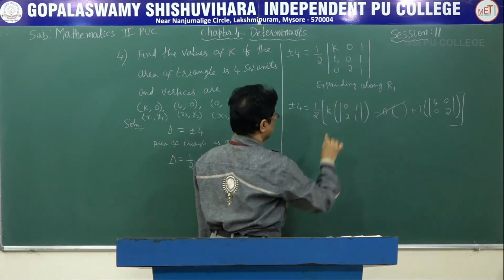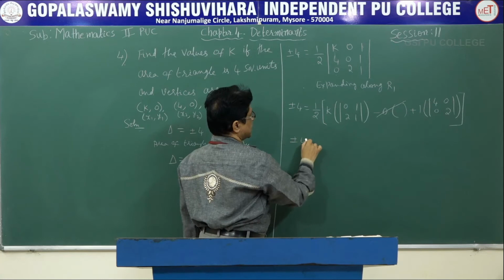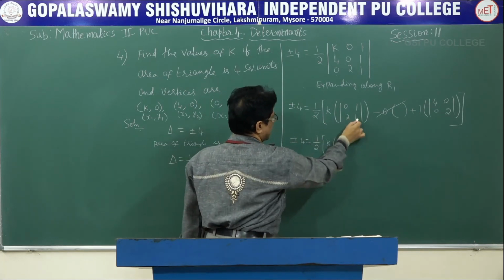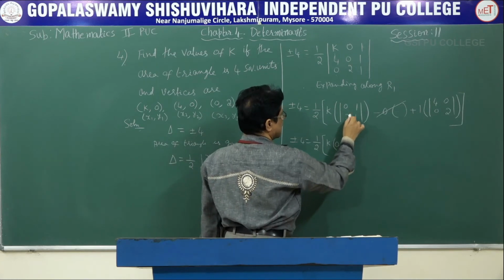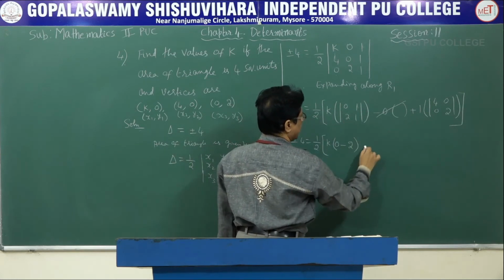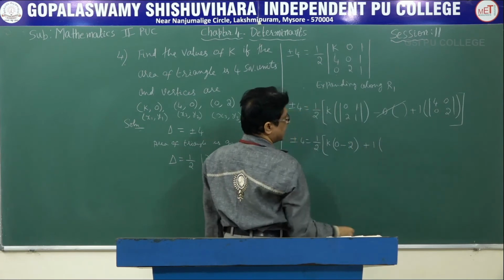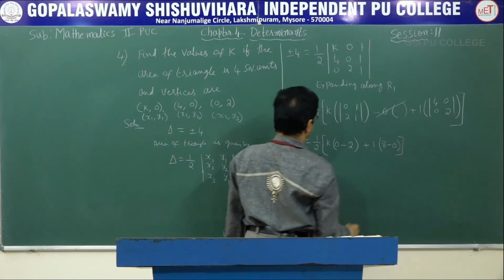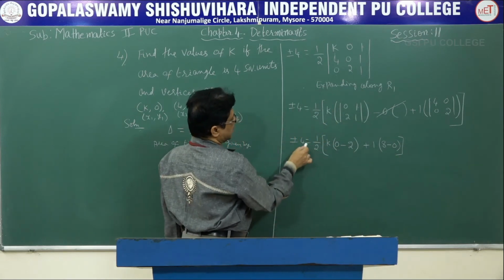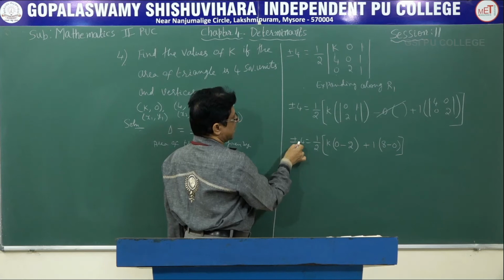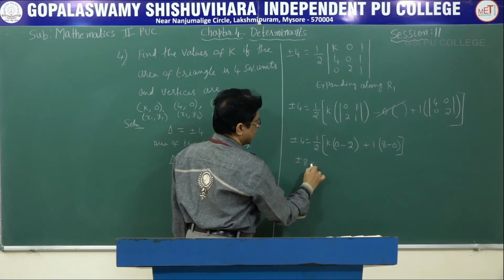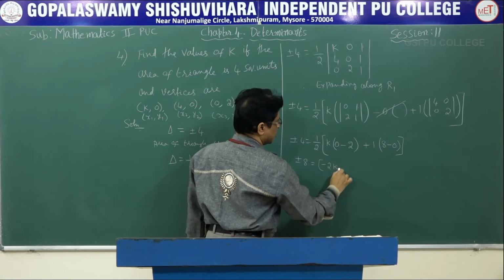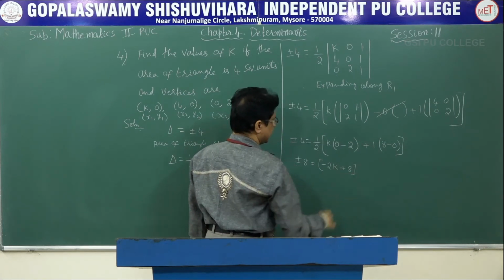So plus or minus 4 is equal to half into, so k into 0 into 1, 0 minus 2 into 1, 2 plus 1 into 4 into 2, 8 minus 0. So let us cross multiply 2 to plus or minus 4. We get plus or minus 8 is equal to minus 2k plus 8.